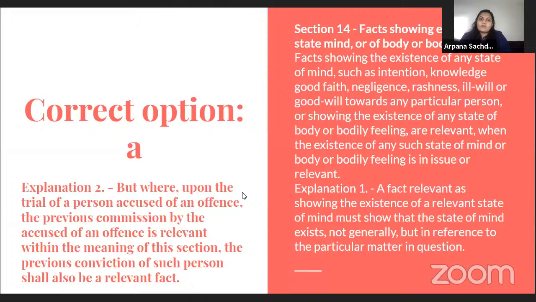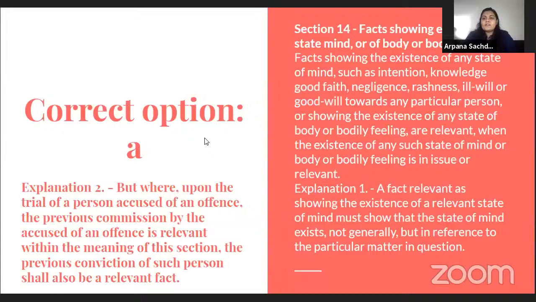Whereas Exception 2 talks about where, upon the trial of a person accused of an offence, the previous commission of the offence by the accused is relevant within the meaning of this section, the previous conviction of such person shall also be a relevant fact.